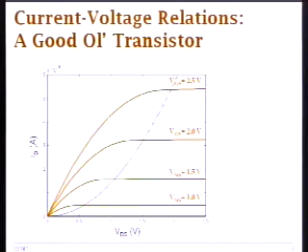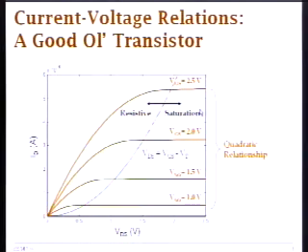So in the past, when we had long channel transistors, we observed this good old quadratic relationship between the channel current ID and the drain to source voltage on this axis as we plot a family of curves for different VGS.